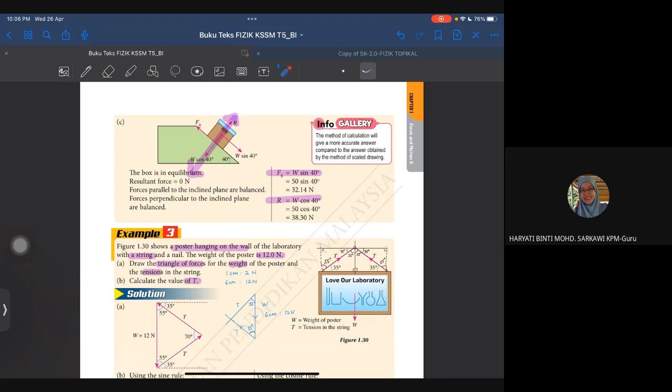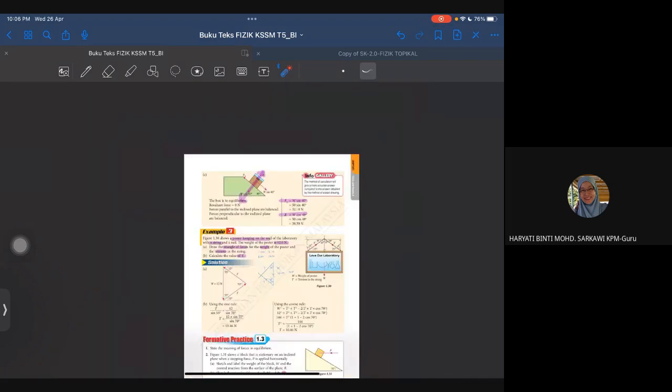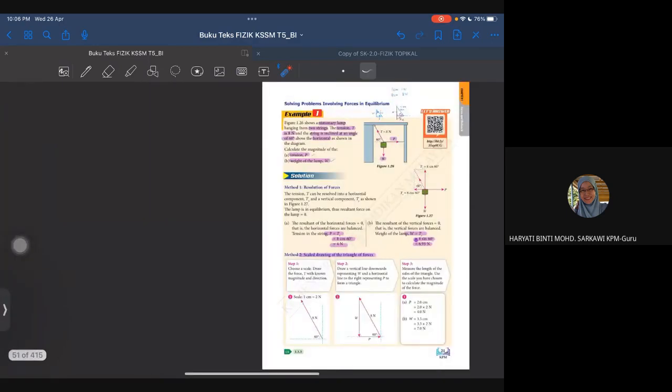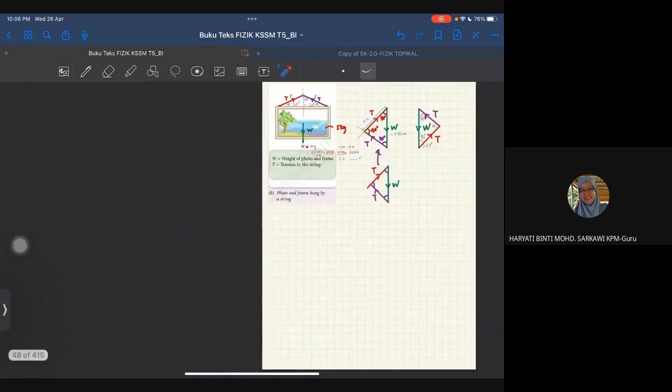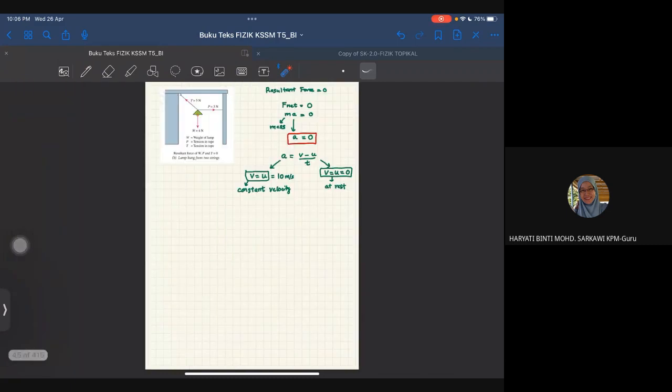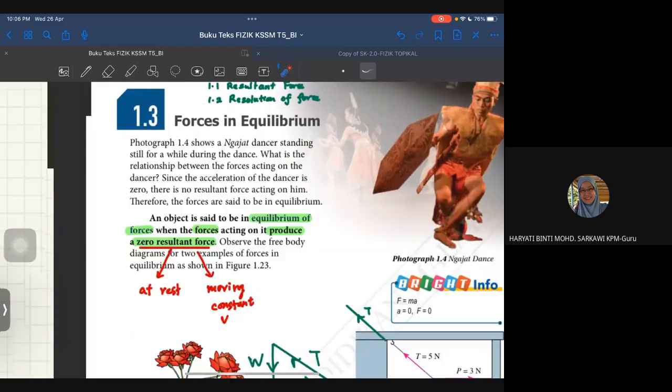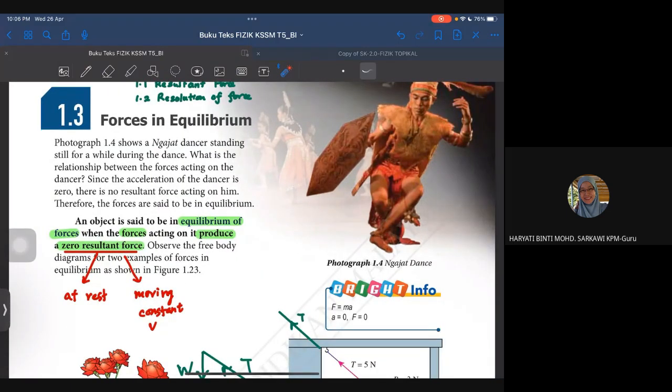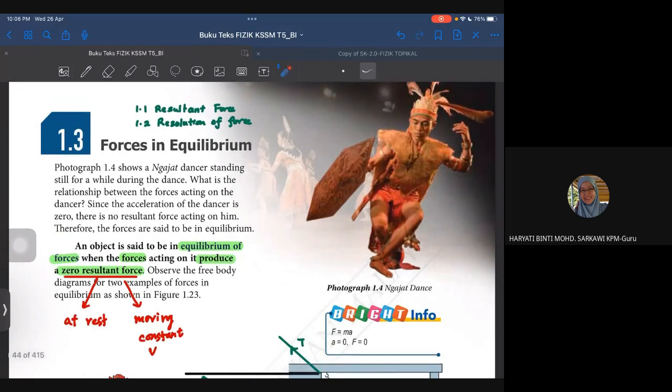So make sure you know what we learned tonight. Number one, you must know what it means by forces in equilibrium. Forces in equilibrium is where the net force acting on the system, or the resultant force acting on the system, is equal to zero.